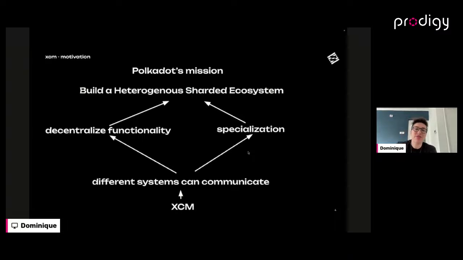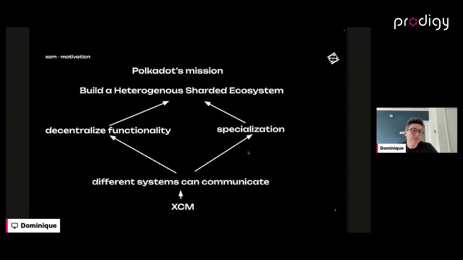We can spread these 5 functionalities in different chains. So we can have more specialization. As now we can remove identities, which is happening right now, from the relay chain and have it in a separate chain. We can have a chain that does staking, which is for the future, and we remove this functionality from the relay chain. So this helps in decentralization and specialization.